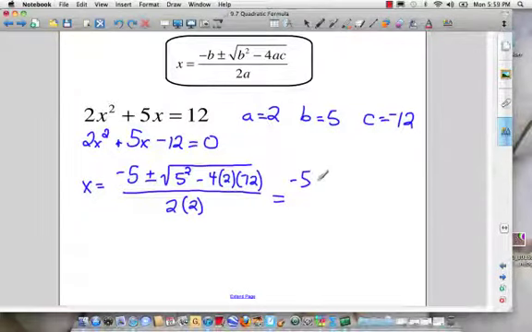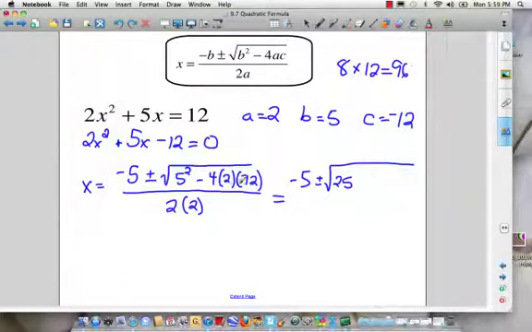Negative 5 plus or minus the square root of 5 squared is 25. And then 4 times 2 is 8. And 8 times 12 is 96. And because that's negative, it's going to be minus negative or plus 96.